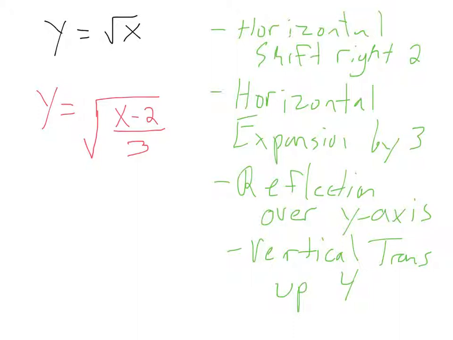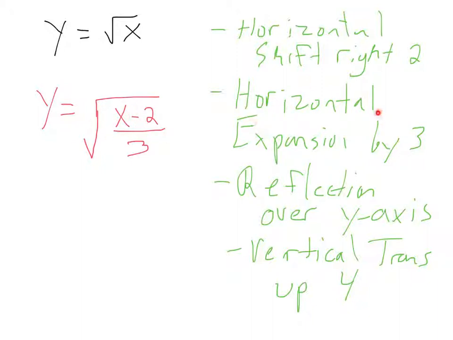All right, so I should work my way from the inside out here. I already sort of started working on it here. So start off by subtracting 2 for your horizontal shift right 2. Horizontal expansion by 3. For a horizontal expansion, the number has to be smaller than 1 and greater than 0, for it to be an expansion horizontally that we're multiplying the inside by.